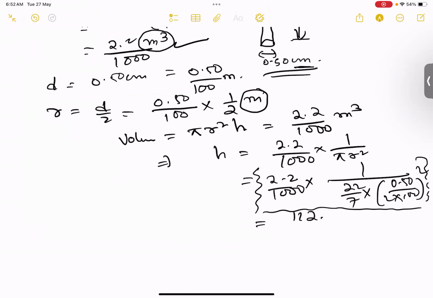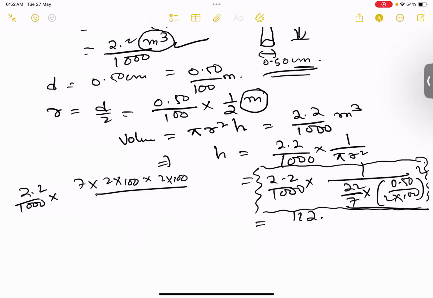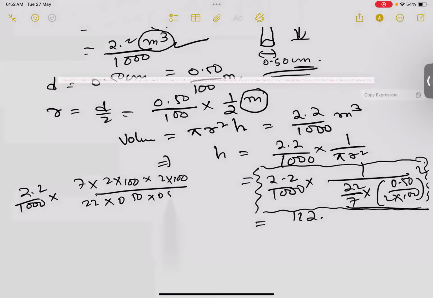This one, the one below the denominator will come up again, right? So it will be 2.2 by 1000 into, these things will go up, 7 into 2 into 100 into 2 into 100 divided by 22 into 0.50 into 0.50.